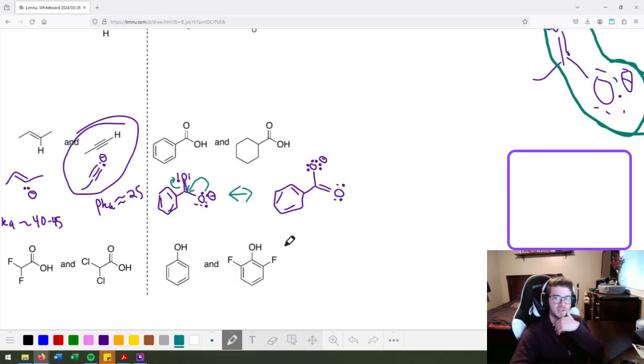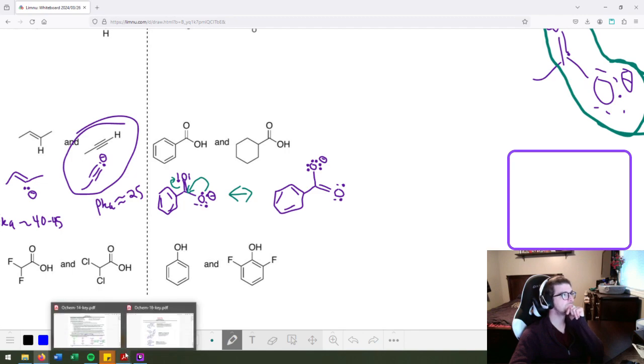And that's actually not a whole lot of difference. So this may have, in fact, very slightly more stability, but not by much. So these may actually be very close to even.